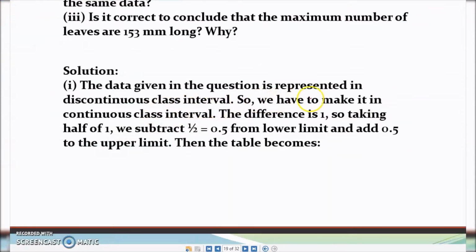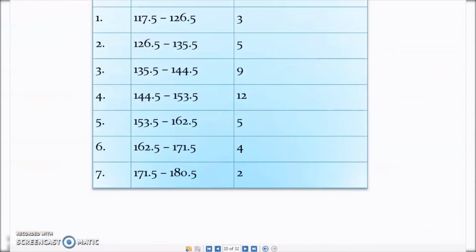The data given is represented in discontinuous class intervals, so we have to make it continuous class intervals. And how do we do that? Subtracting 0.5 from lower limits and adding 0.5 to the upper limits. So the table now becomes this way. This is the new table. So 117.5.